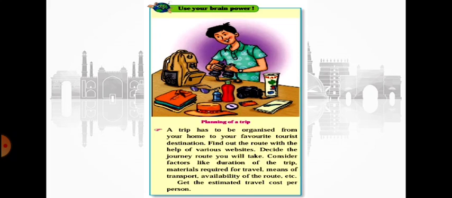Book accommodation and at the same time, if possible and needed, a travel guide who can take you to different places at your tourist destination. Step 6. Research things to do, that is the different kinds of activities that are available at that tourist spot.